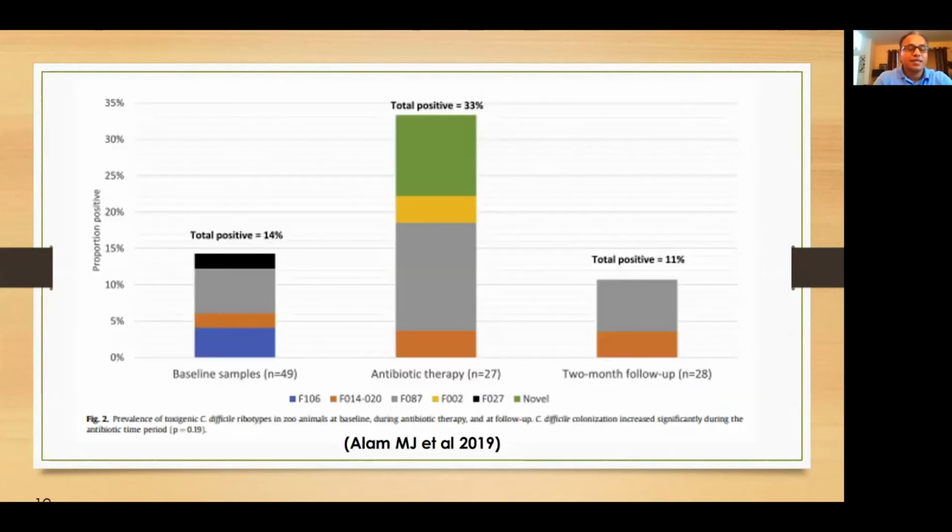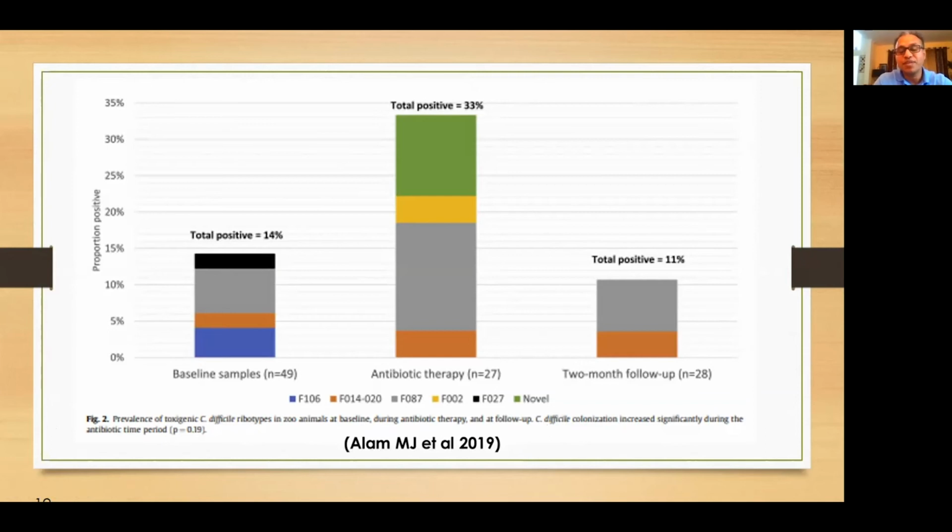Here, you can see in this figure, we are showing the prevalence of toxigenic C. difficile ribotypes in zoo animals at baseline, during antibiotic therapy for some diseases, and at follow-up.